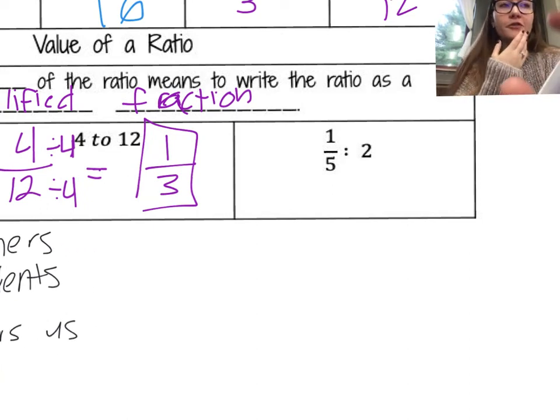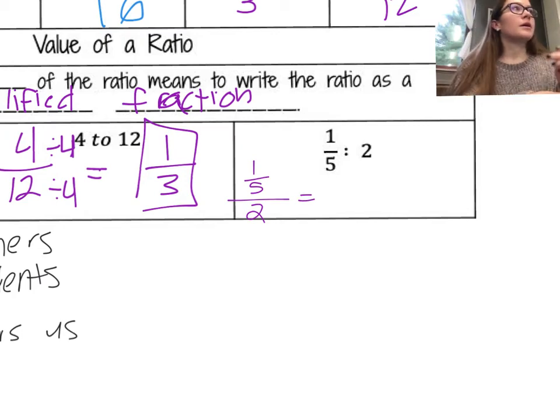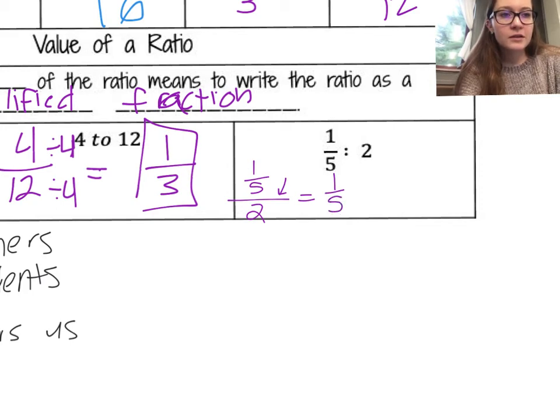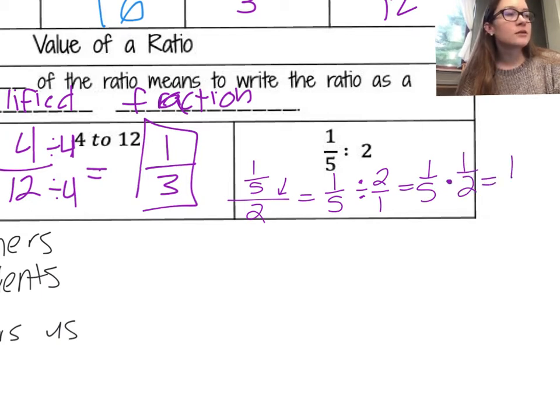Alright, so if it has a fraction, we can still do it. So I'm going to do 1/5 over 2. Okay? So remember that fraction bars mean division, so I'm going to do 1/5 divided by 2. And then to divide fractions, we keep the first fraction, switch to multiplication, and then flip the second fraction.